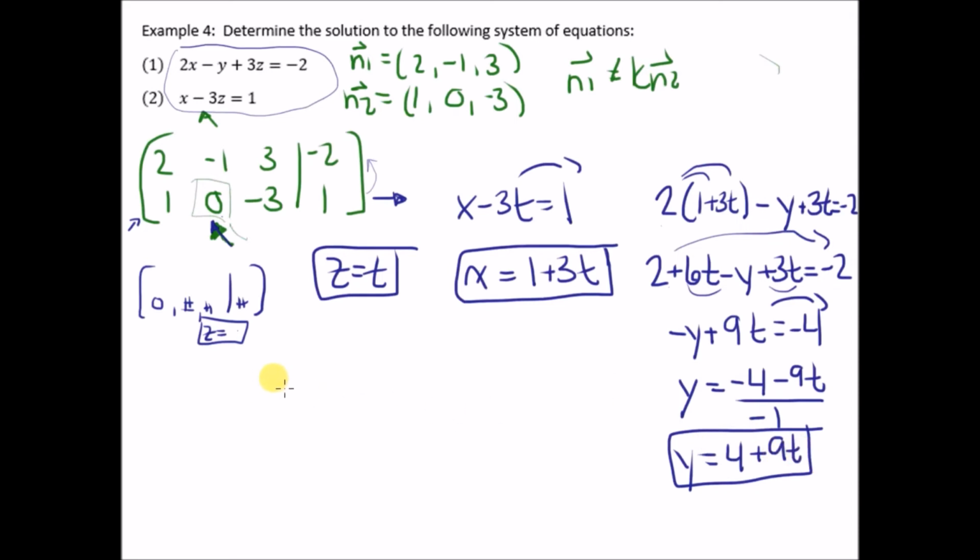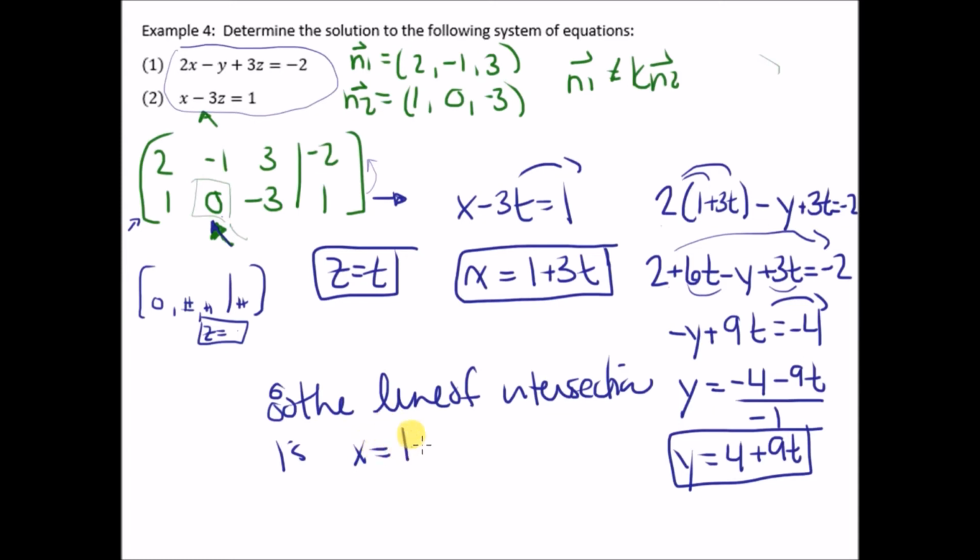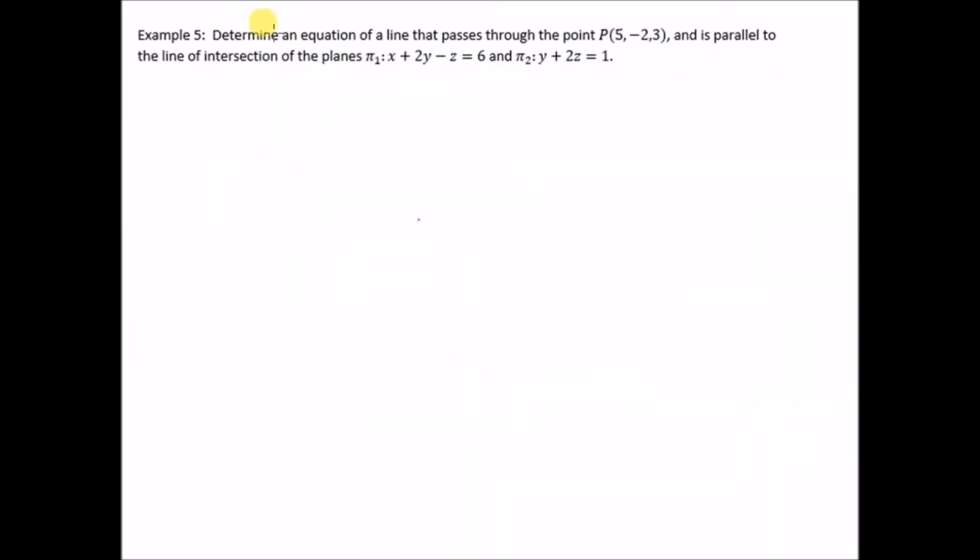4 plus 9t. So therefore, the line of intersection is x equals 1 plus 3t, y equals 4 plus 9t, and then z equals t. That's the line of intersection of these two planes. An equation of a line that passes through this point and is parallel to the line of intersection of these two planes. Okay, so these two planes, I'm going to write their normals first.